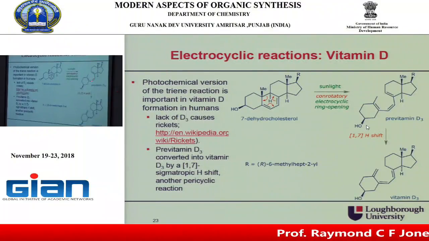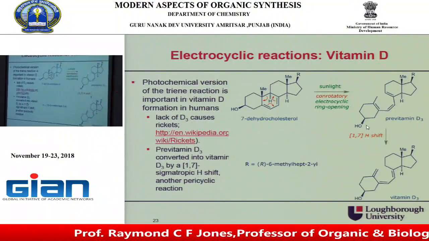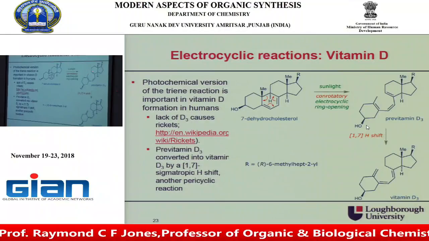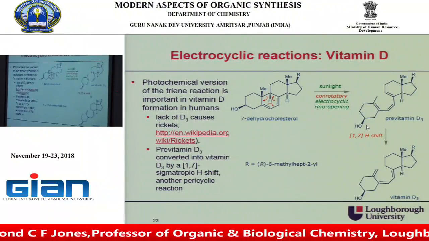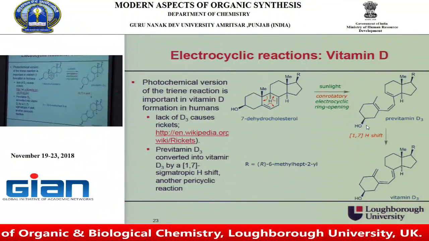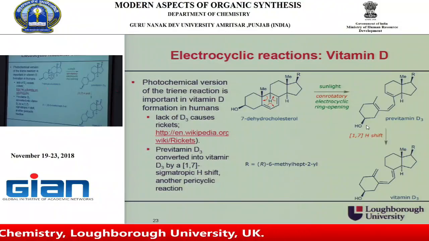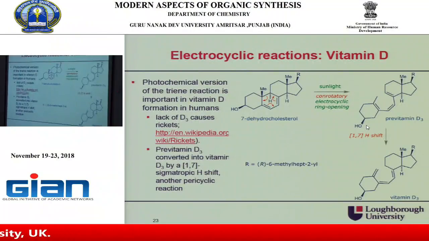That gives pre-vitamin D3. There is then another pericyclic reaction that shifts a hydrogen from this methyl group across to here, a 1,7 hydrogen shift, and sigmatropic shifts like that I'll mention tomorrow. But that then makes vitamin D3. So this is pre-vitamin D3 from the electrocyclic ring opening, followed by a sigmatropic shift.